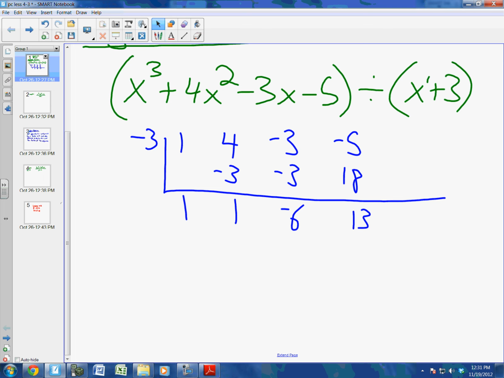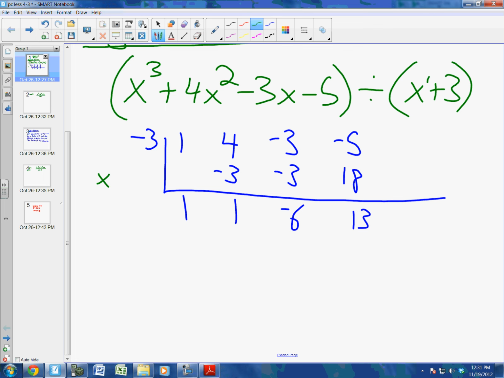Guess what? It didn't end in 0. Doesn't mean we did it wrong. It means that x plus 3 is not a factor of this. In other words, it doesn't divide into it evenly. So we have a remainder of 13. And here's my new expression. This right here is the coefficient that's going to be 1 less than x cubed. Why? Because we divided x to the 1 into it.